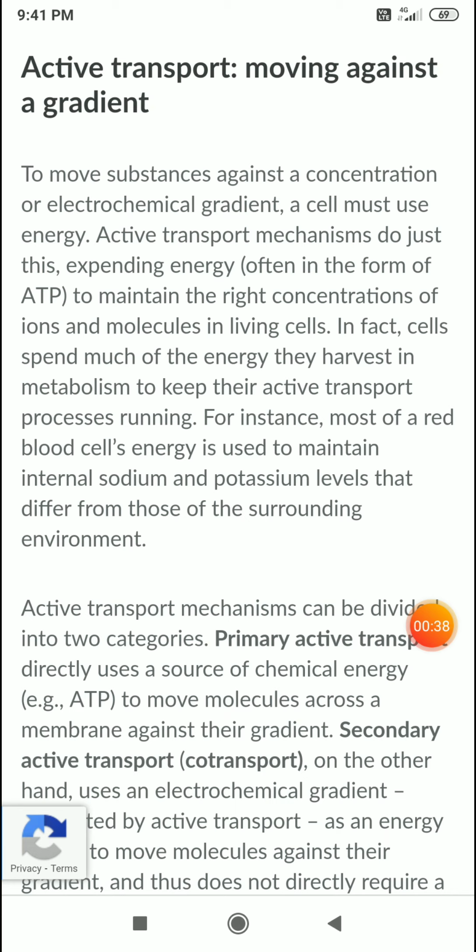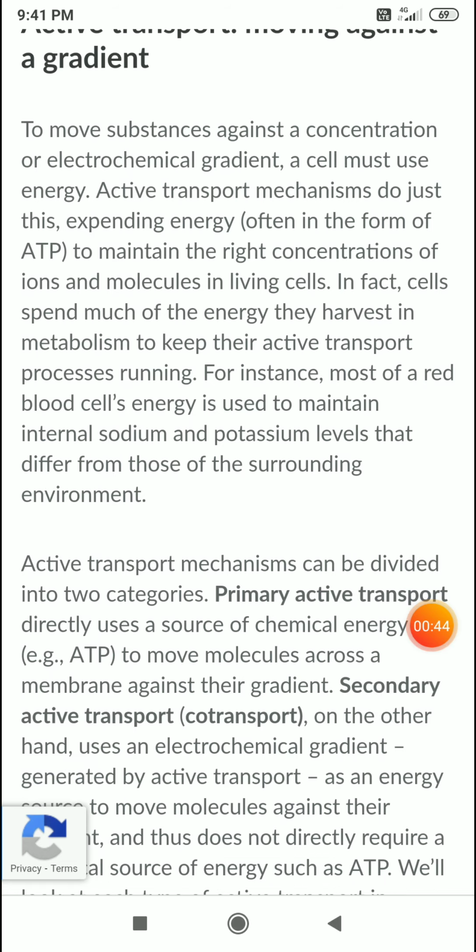They expend energy in the form of ATP. ATP is adenosine triphosphate, to maintain the right concentration of ions and molecules in living cells. In fact, cells spend much of the energy they harvest in metabolism to keep their active transport processes running.